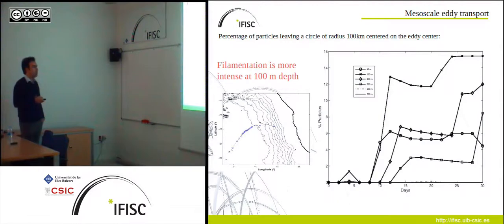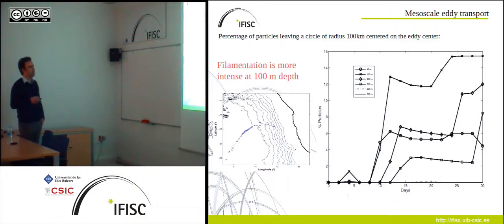And so finally, we wanted to quantify this filamentation. So what we did, we tracked the eddy for 30 days. This is the trajectory of the eddy center. And at each day, we calculated the percentage of particles that left a radius of diameter of 200 kilometers centered on the eddy center.